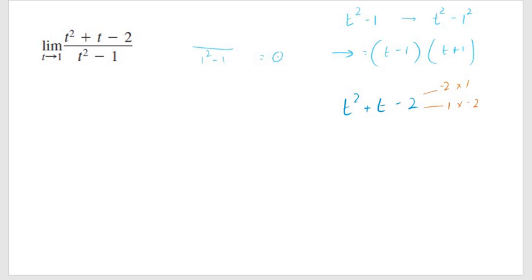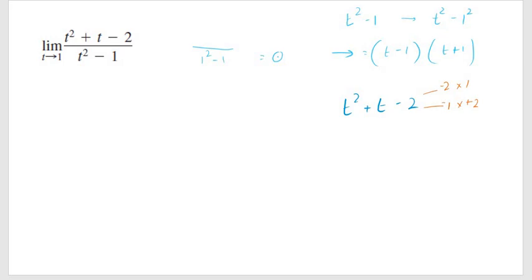If you add minus 2 plus 1, you get minus 1. But sorry, it should be minus here, plus here, because one of these terms should be negative so that you get a minus term. Minus 1 times 2 is minus 2. When you add these two terms, plus 2 minus 1, you get plus 1.